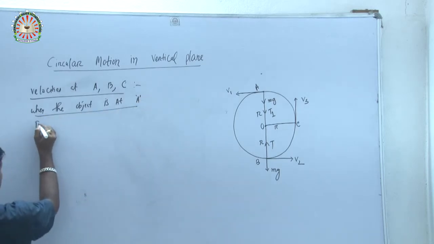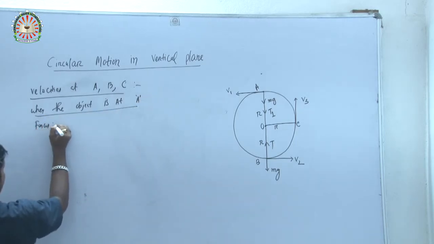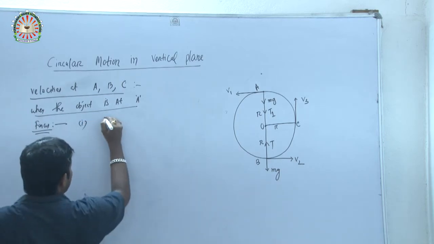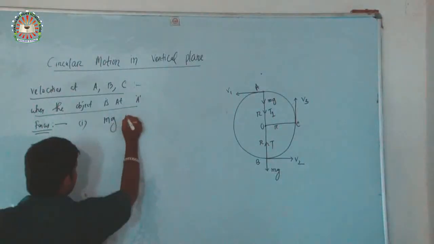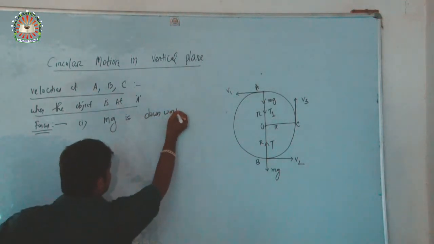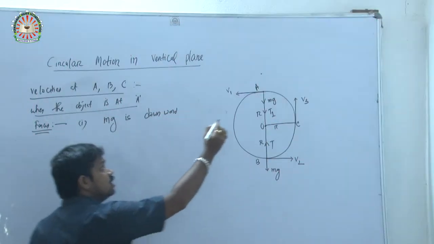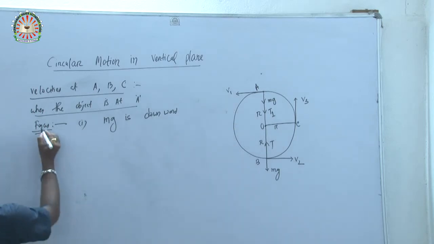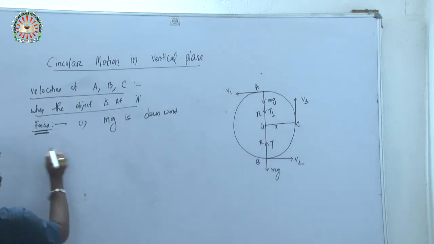Okay, so what are the forces? Listen very carefully. Number one, weight mg is downward. So at the topmost position, let us find out what the forces are.